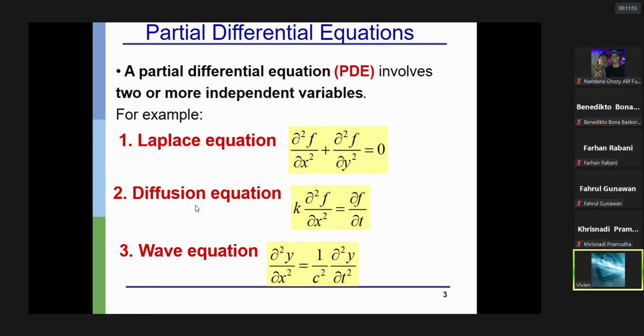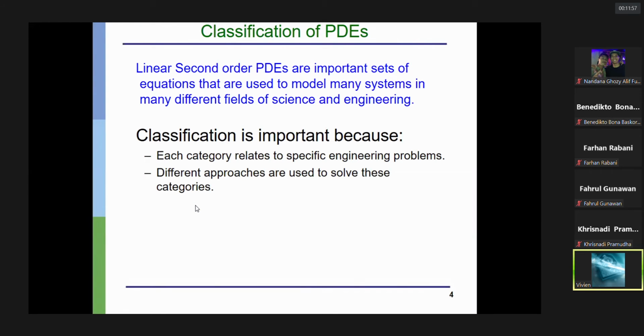And when we learn about partial differential equations, we have a classification. We have seen these three examples of PDE, and now we will look at how those examples can be classified into different types of PDE.